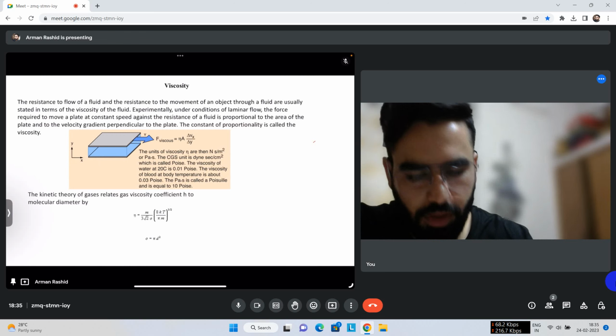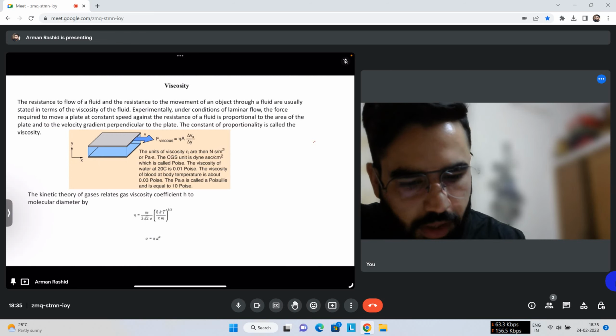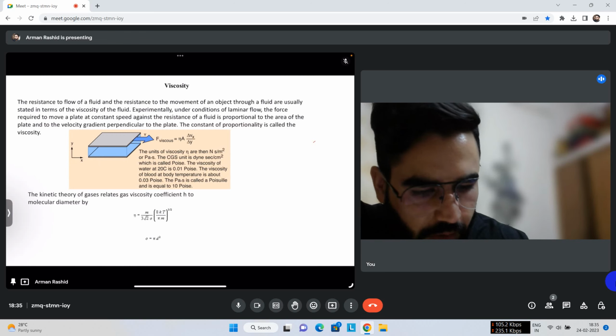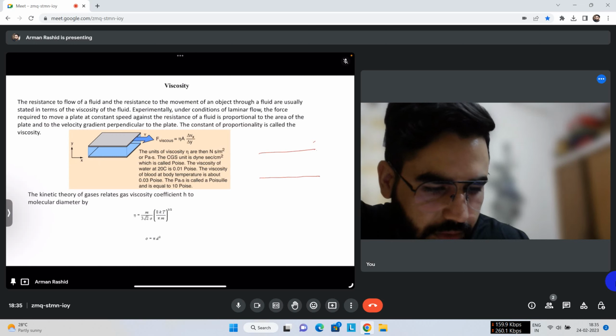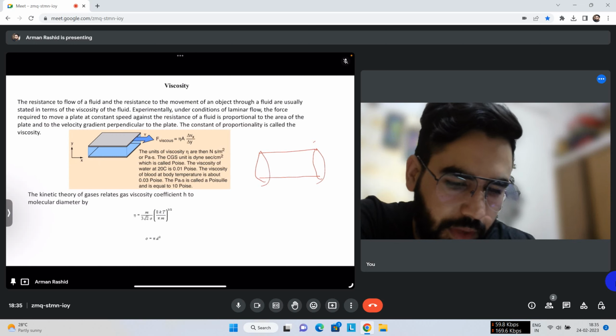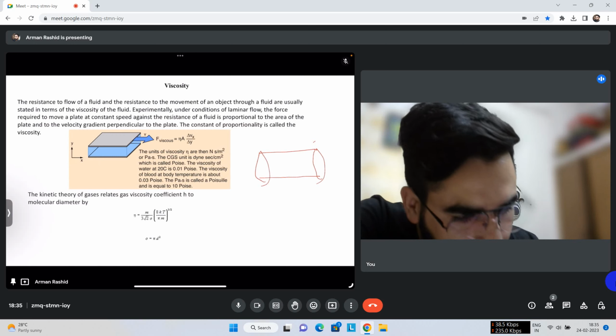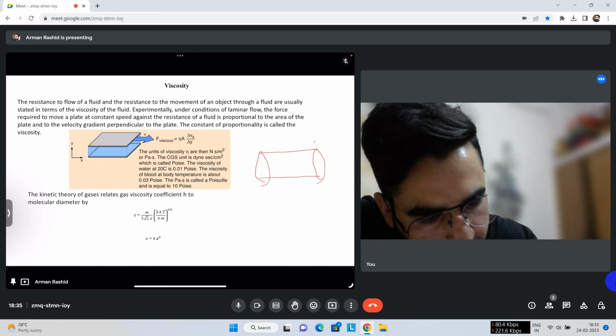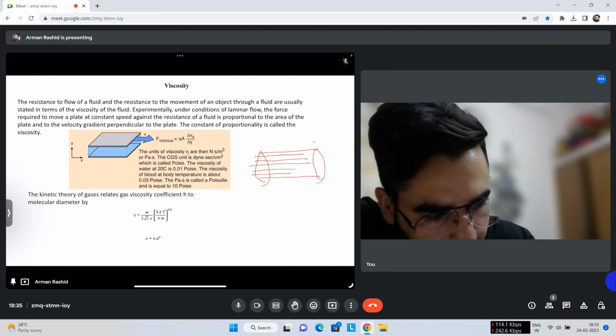For example, we have a cylinder, and inside this we have a liquid. This has multiple layers, and different layers are moving at different velocities.